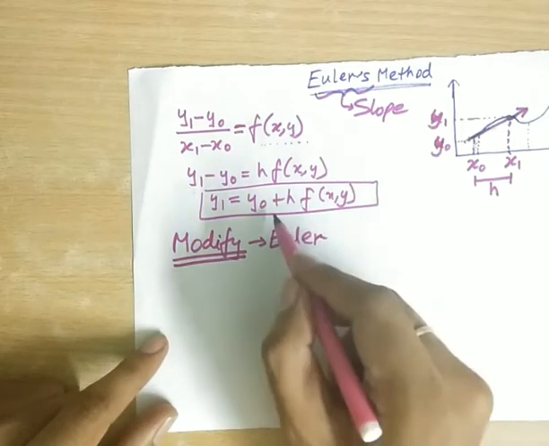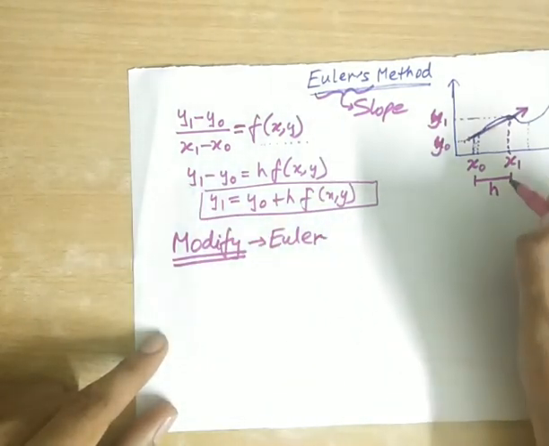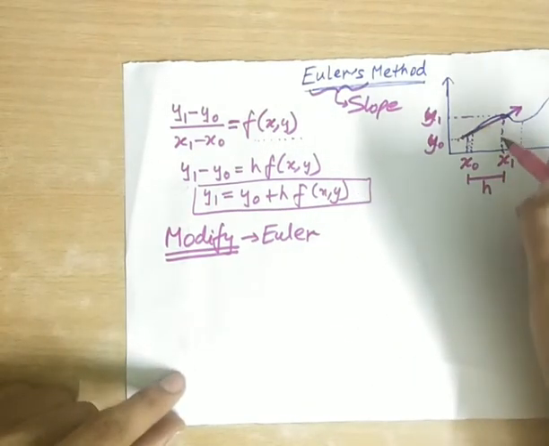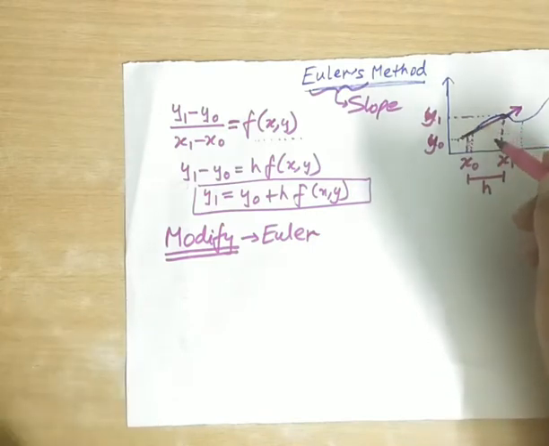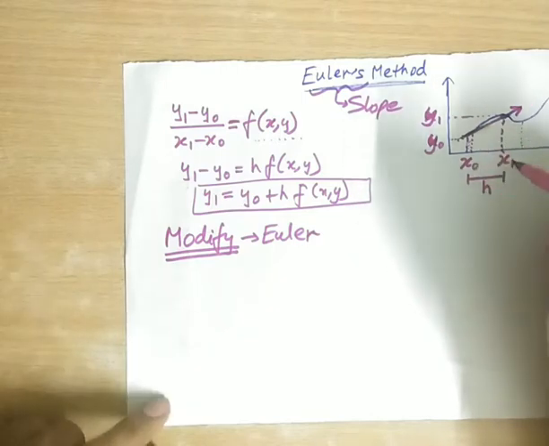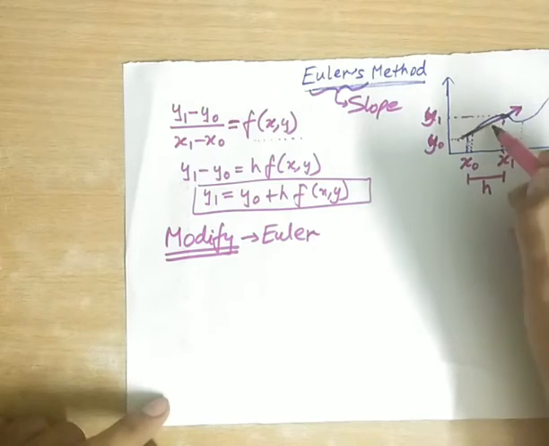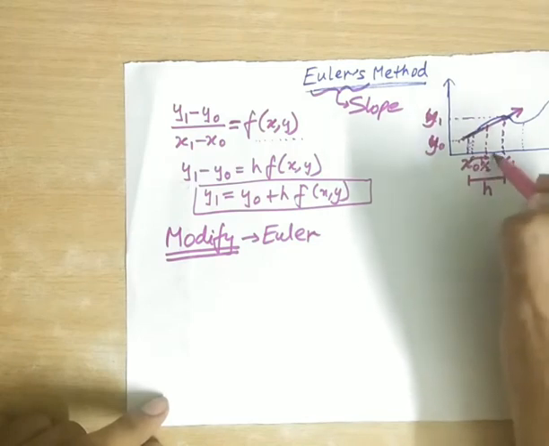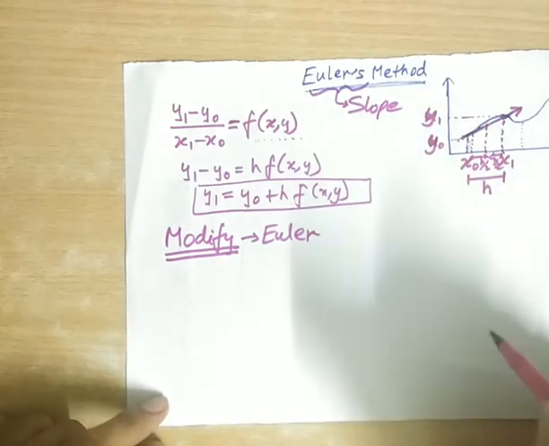The easiest reduction to get a more exact value is to divide this h interval in such a way that this slope and this slope are almost equal. So the first and easiest division is to divide it in half. Here it is h by 2 and this is h by 2.